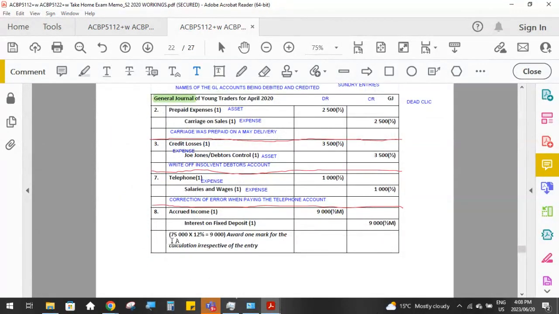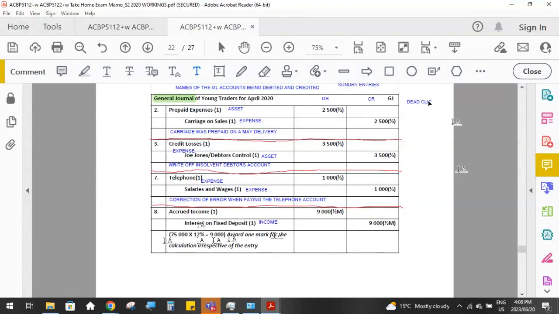So first do your calculation and show the calculation. 12% of 75,000 is 9,000 Rand. So that's the amount of interest that we've earned this year. Interest is an income.